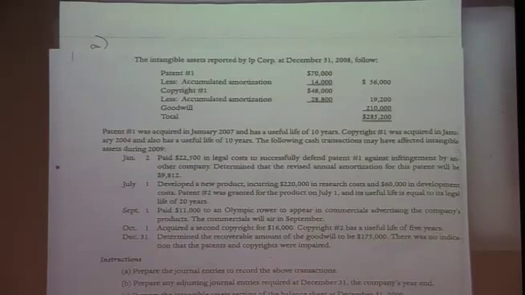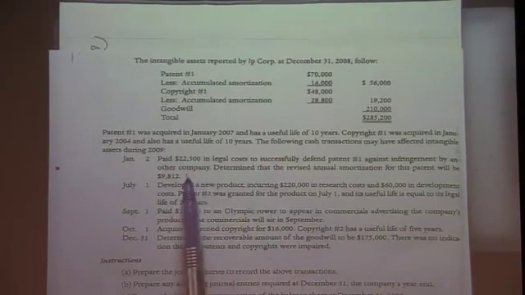Because by defending it from patent infringement, you're adding value to the asset. And because you can substantiate future economic benefit on that asset, we need to capitalize that legal cost to the patent.